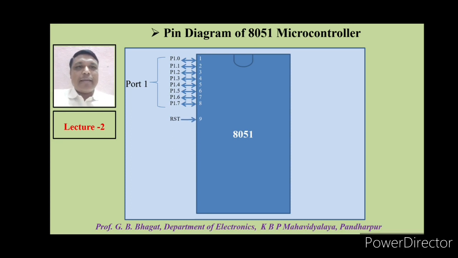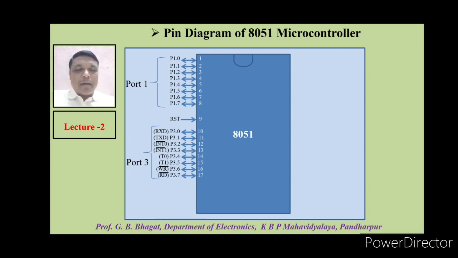The next pin number 9 is assigned for the reset function of the controller. Then pin number 10 to pin number 17, these are the 8 pins which are assigned for port 3. Here the basic function of each pin of port 3 is simple IO, but along with this it has some alternate functions. For example, pin P3.0 has the function of serial data reception, that is RxD.